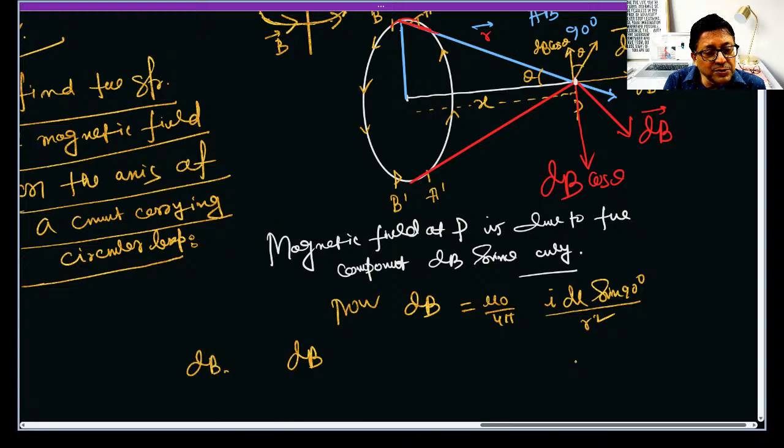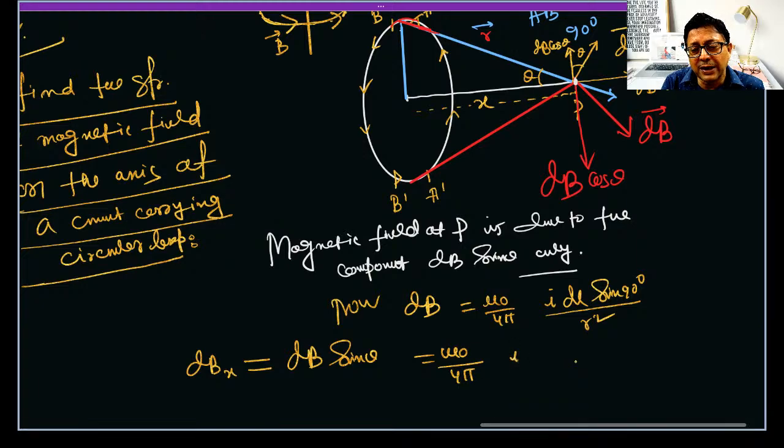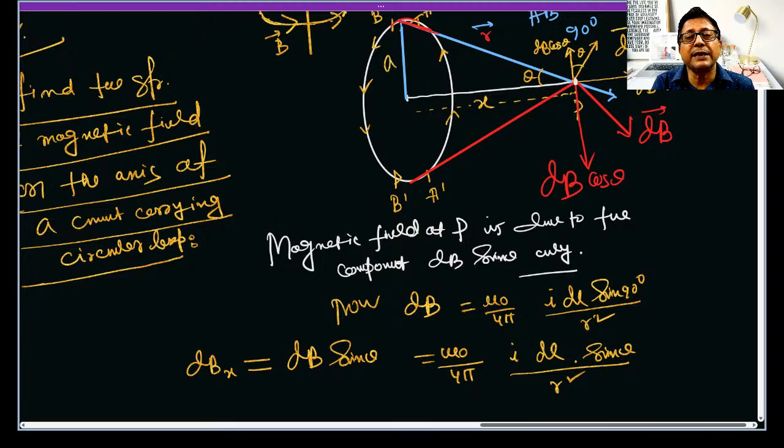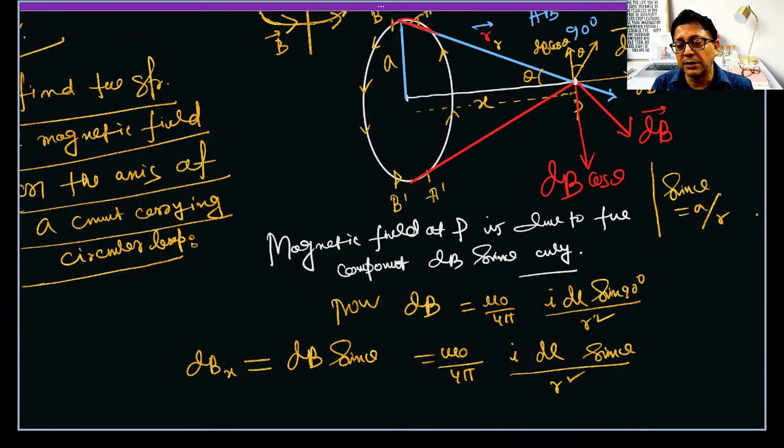It is along the x axis only. dBx is dB sin theta. This is going to be mu0 by 4 pi I dl sin theta over r square. What is sin theta over there in the diagram? This part is A, this part is R. So sin theta is A by R.